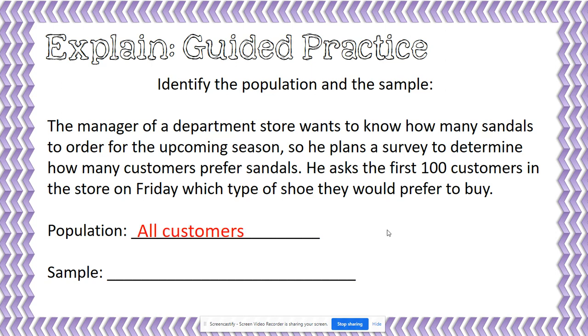So all of the customers would be his population. The sample is the people from which he chose. So he was looking at all customers, and he chose to survey the first 100 customers in the store on Friday. Those first 100 customers would be his sample.